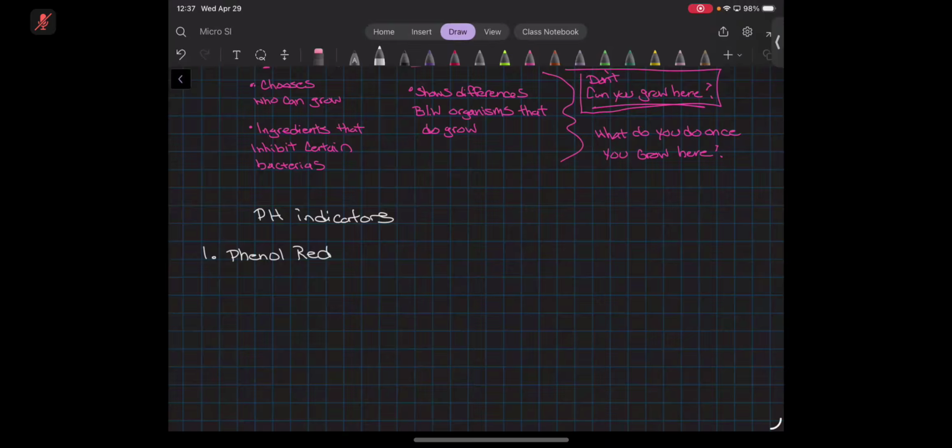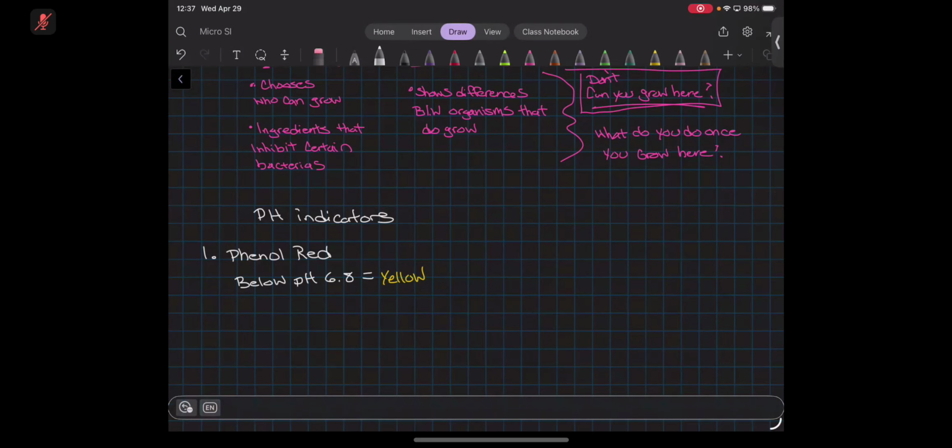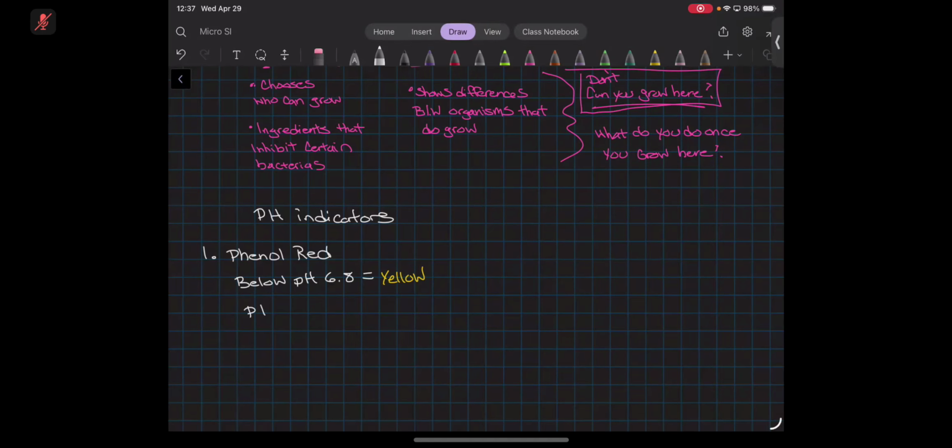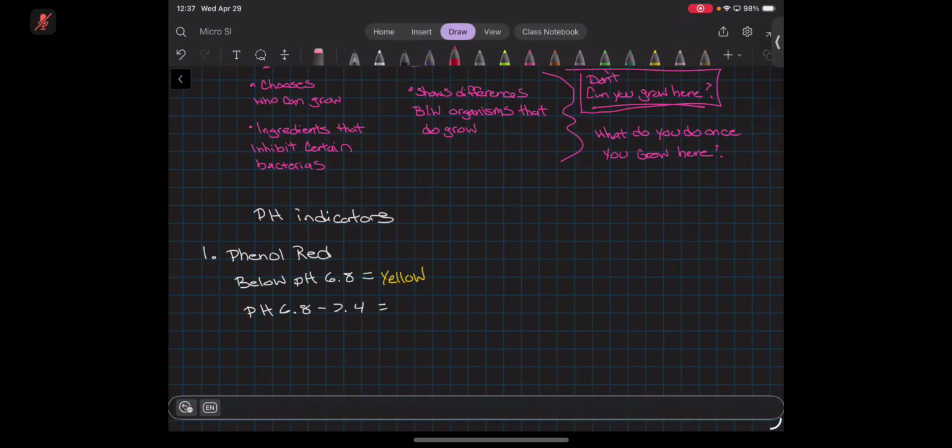Below pH 6.8 is gonna equal yellow. pH of 6.8 to 7.4 is gonna be red.